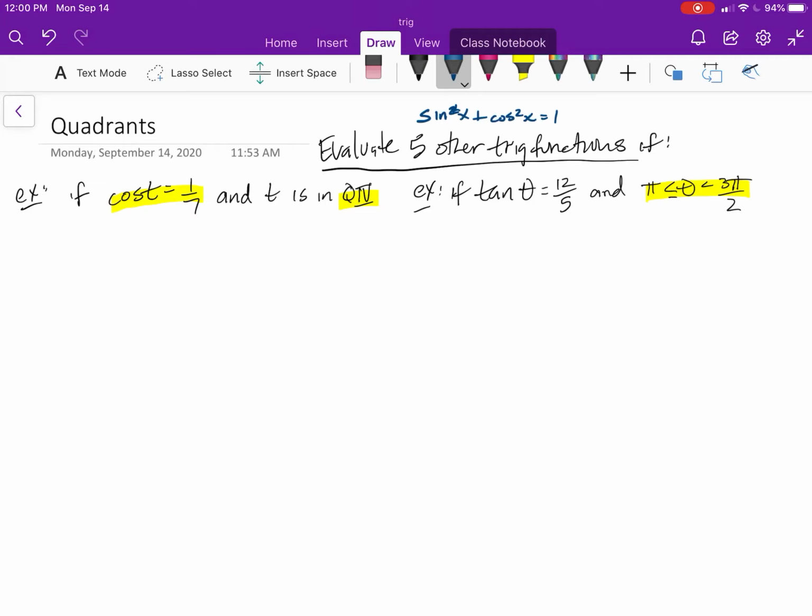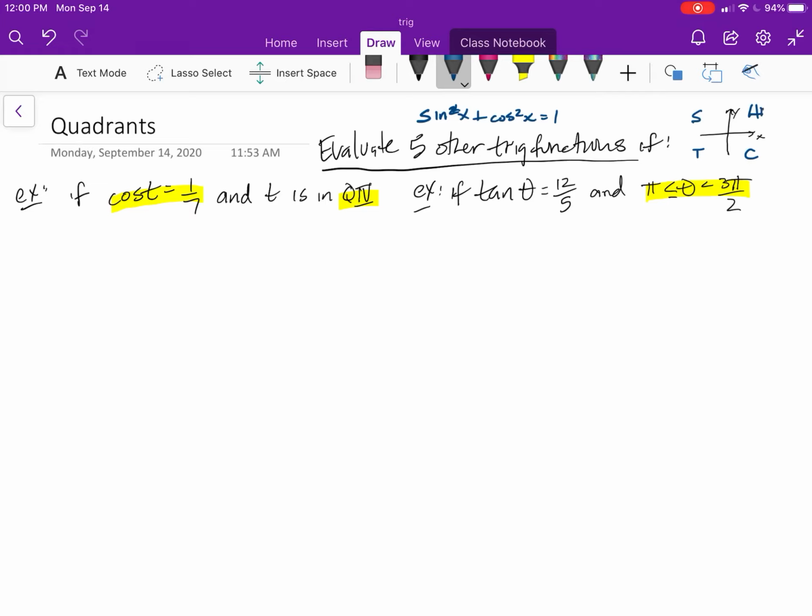The second thing I want to point out is, so here we have x and y, and there's an acronym, all students take calculus. And what that acronym represents is the trig functions that are positive in the corresponding quadrant.